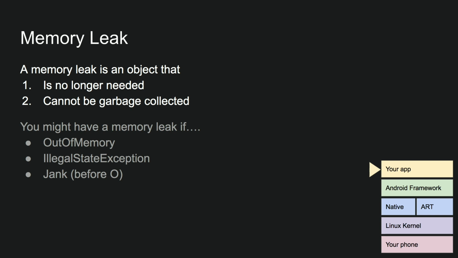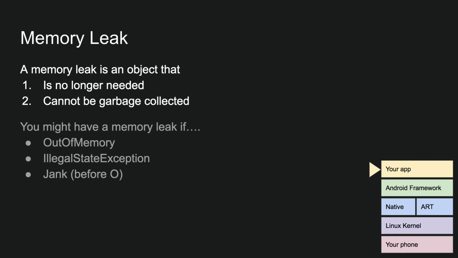But before Android O, sometimes these pauses could interfere with the 16 milliseconds in between which we need to draw frames in Android. So your UI redraws every 16 milliseconds. And if you have garbage collection events that start to surpass that time because your heap is so large and complex, then you start to see your UI react to that, and that's called jank.